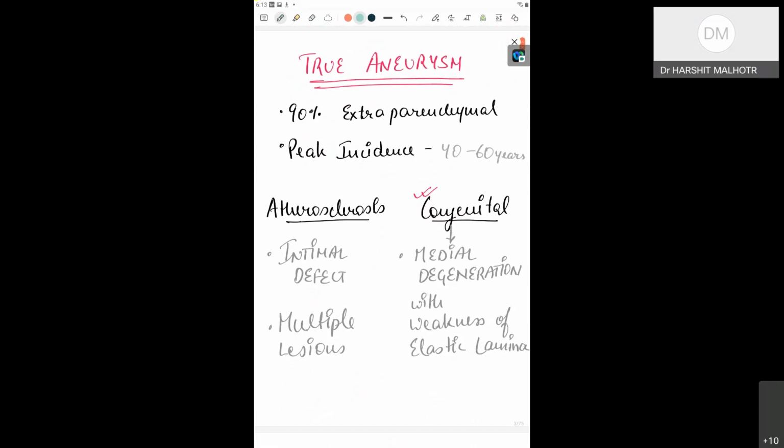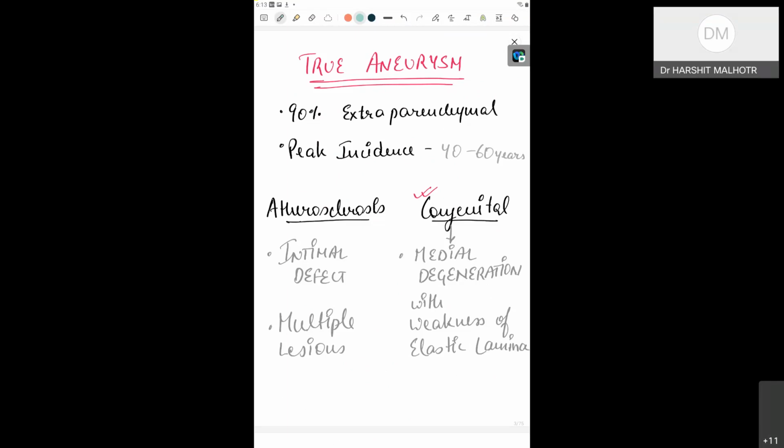So going to the true aneurysms, which are 90% extraparenchymal, the peak incidence is seen in 40 to 60 years of age group. They can be because of two common problems, either atherosclerosis or congenital. The congenital etiology is the most common one, in which what we see is medial degeneration with weakness of elastic lamina, which leads to formation of the true aneurysm.